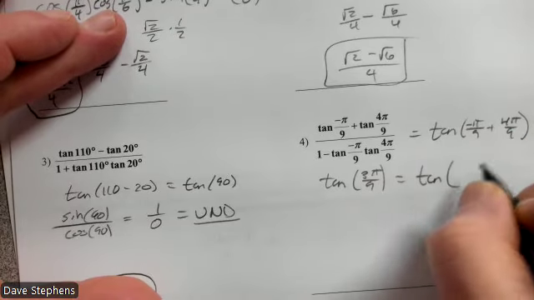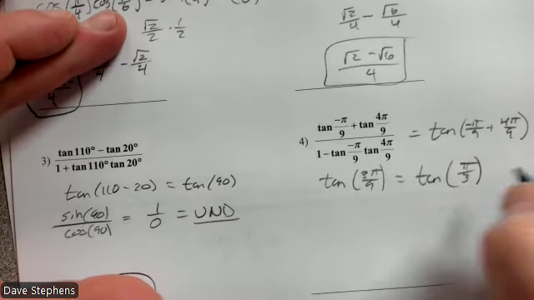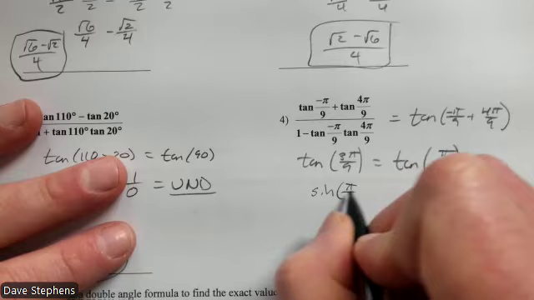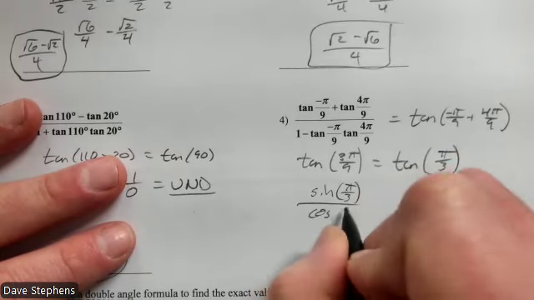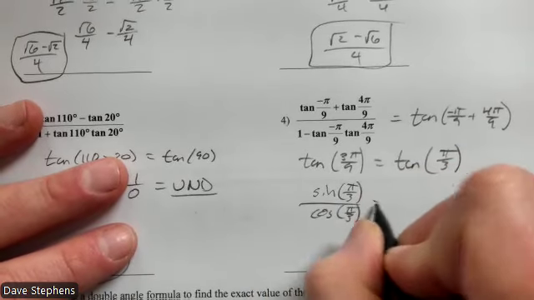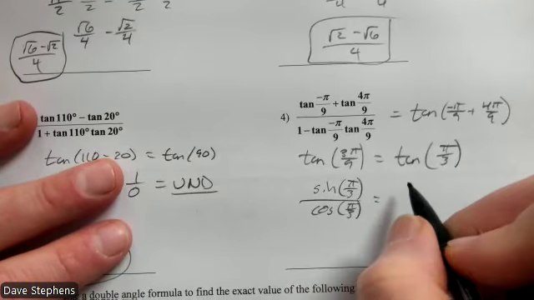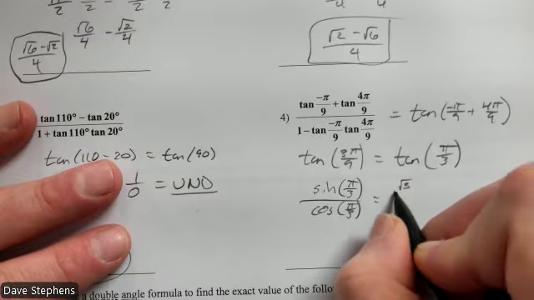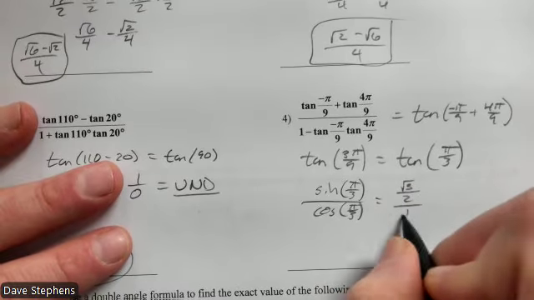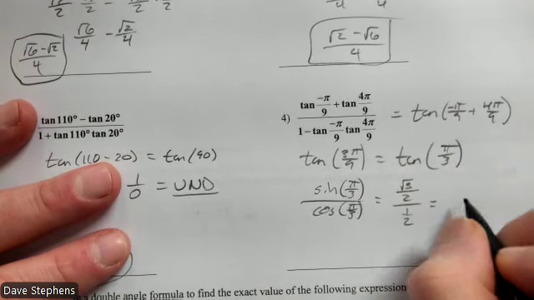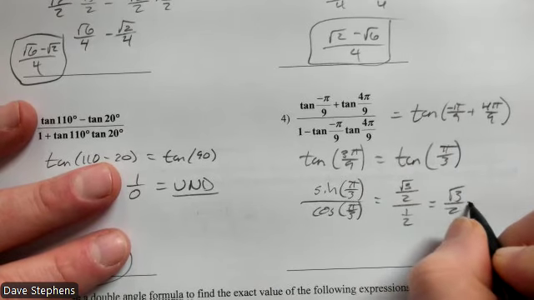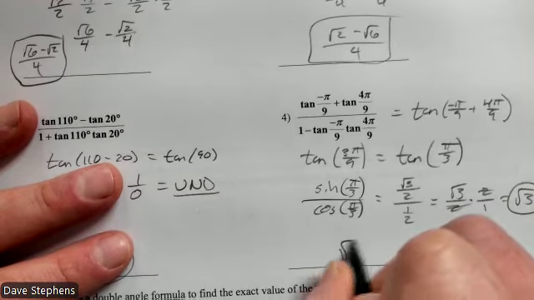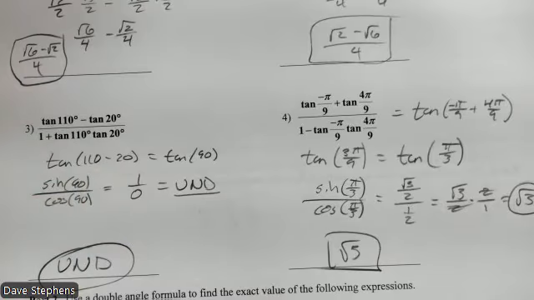That's the tangent of pi over 3. So the sine of pi over 3 divided by the cosine of pi over 3. The sine of pi over 3, what's that? That's our root 3 over 2 divided by 1/2, which is root 3 over 2 times 2 over 1, which is root 3. Final answer.